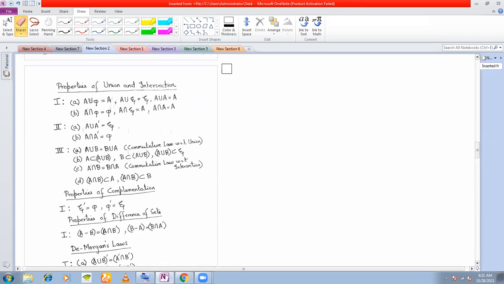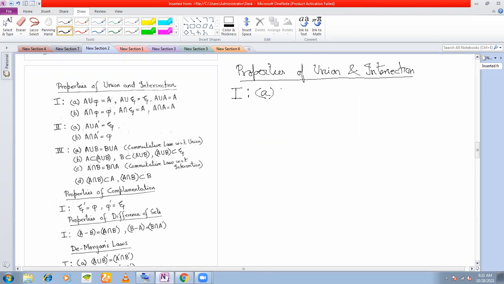Okay. Properties of union and intersection. First property relating to union.